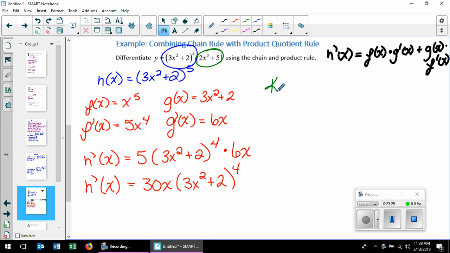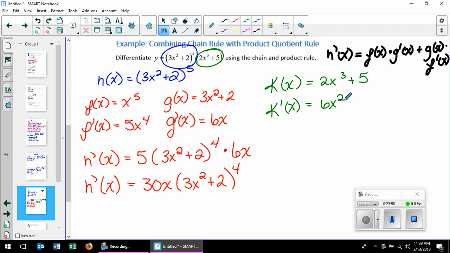Let's call it k of x. I'm just feeling special today. 2x cubed plus 5. What's the derivative of that function? About 6x squared. And it's a cube, right? I just screw that up.